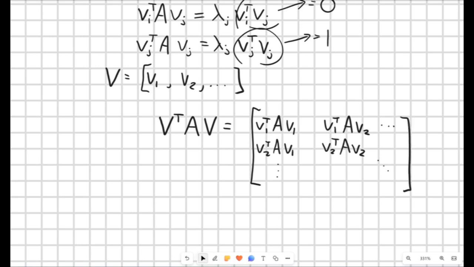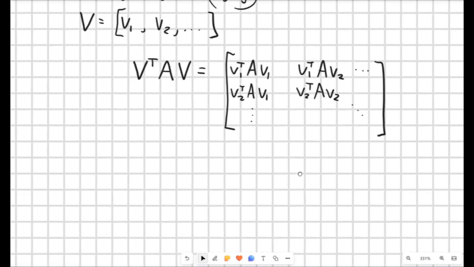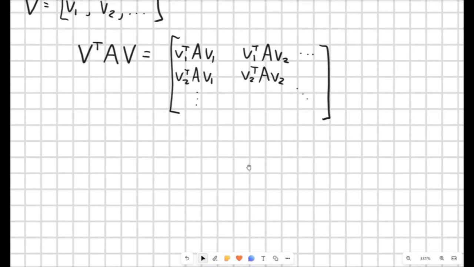Now from these two properties up here, hopefully we can see that all of these off-diagonal terms will be equal to 0, and all of these diagonal terms will be equal to the corresponding eigenvalue. So that comes out as eigenvalue 1, eigenvalue 2, and so on, with zeros everywhere else.